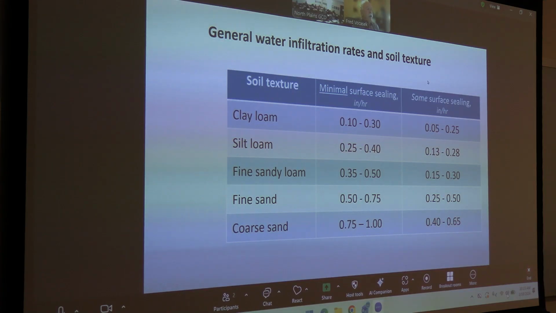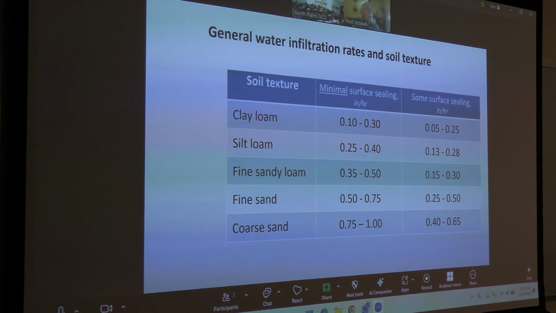So as we look at water infiltration, this is a chart I ran across, just shows typical minimal surface sealing under good infiltration conditions, from clay loam to coarse sand. So we can move a lot of water as it gets sandier and sandier.